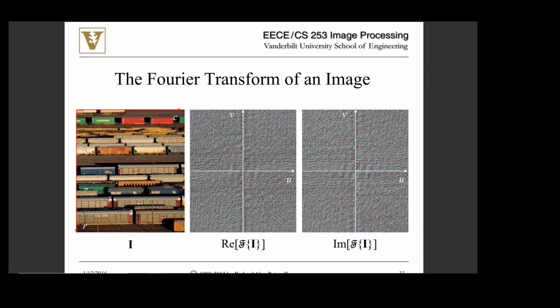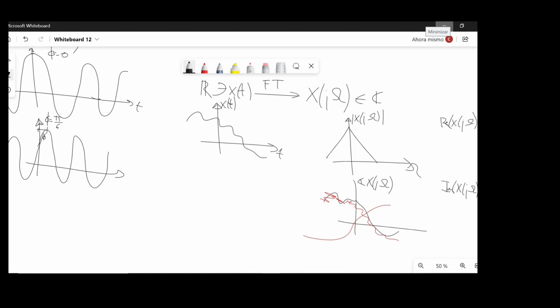Now do the Fourier transform of an image: you take this image, you make it gray, and you represent the Fourier transform. The Fourier transform is complex, so I can represent the real part and the imaginary part, and I also have my frequency axis. This is the origin of my frequency axis.